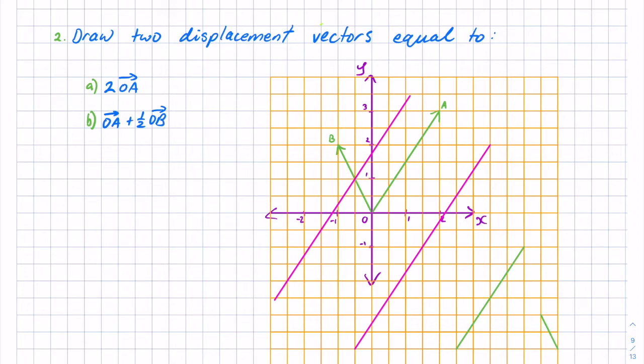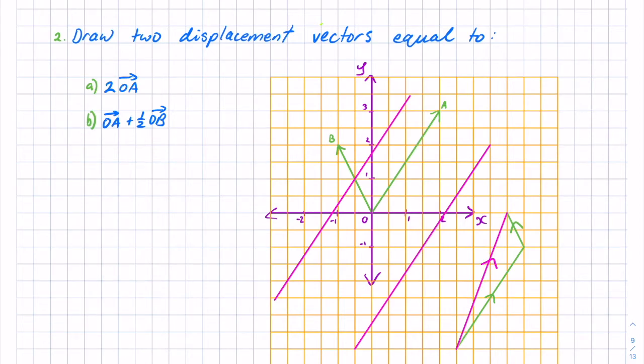Now let's drag that to add it to OA. Just like that. Let's draw some arrows on there. So there's OA plus half of OB. So my solution there is this vector here going in that direction.